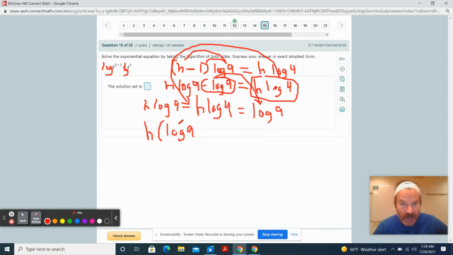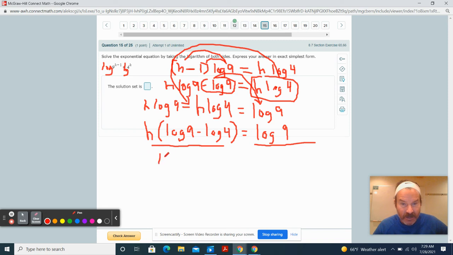So this is h times log 9 minus log 4, and this still equals log 9. Okay, now we're really close to solving for h. All we do is we divide both sides by what's in parentheses here.